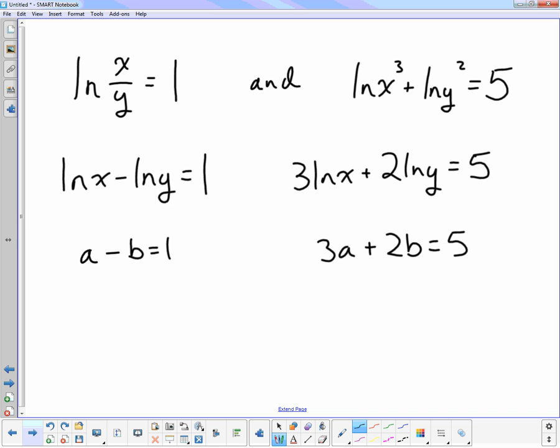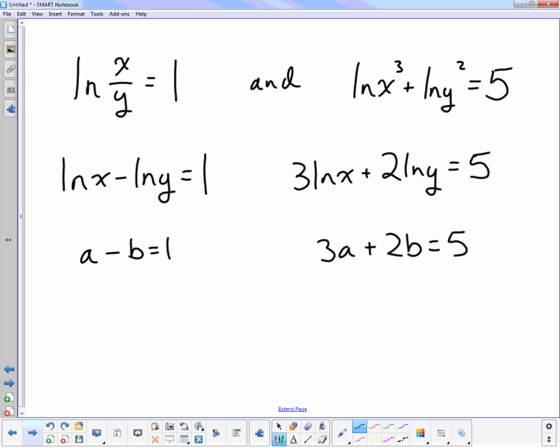Now, you would have to set it equal to end up with 1 plus b equals 5 minus 2b all over 3. And rock and roll from here.